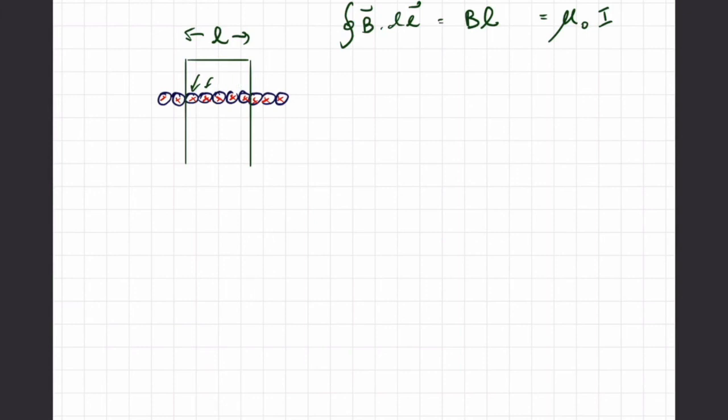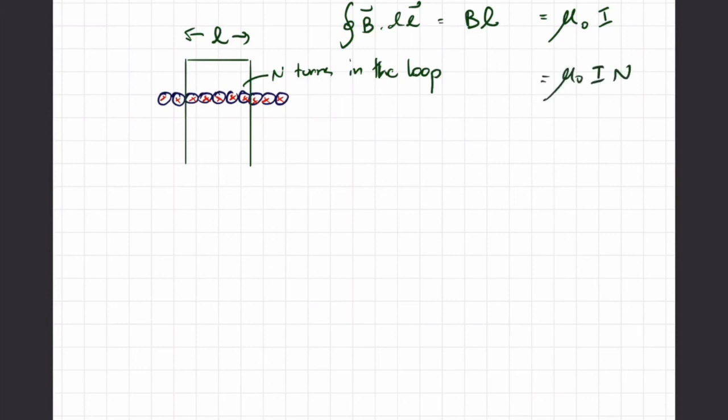So let's say we have n turns in the loop, then this is not just I, you have to replace it by I times n.